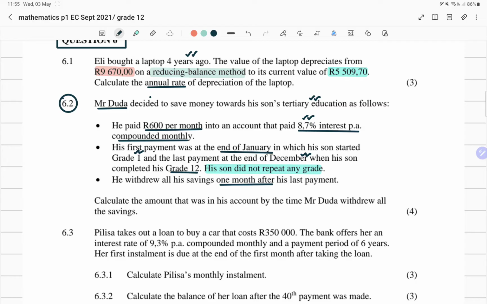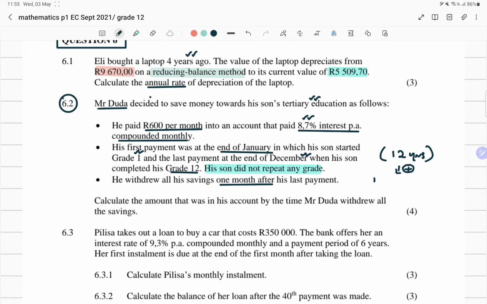Okay, so you know very well that a child who goes to school from grade 1 until grade 12 without failing, that's a period of 12 years. So this thing is going to be paying money for 12 years. And then he will take it a month later.